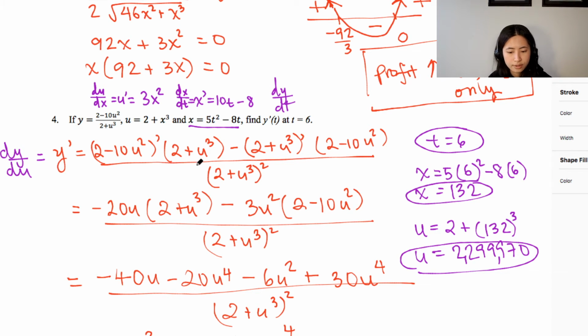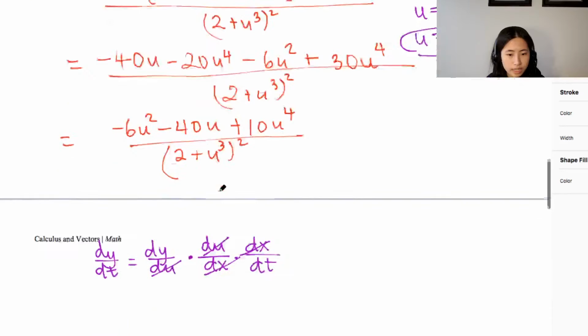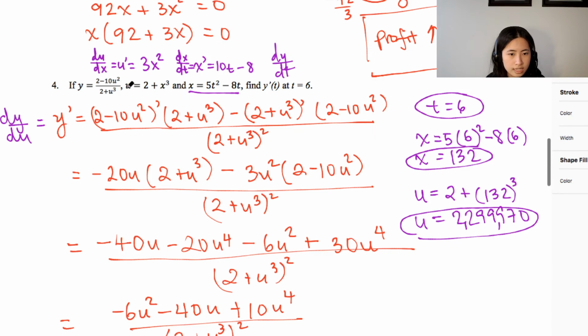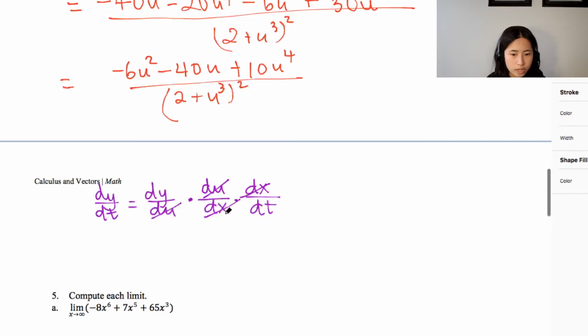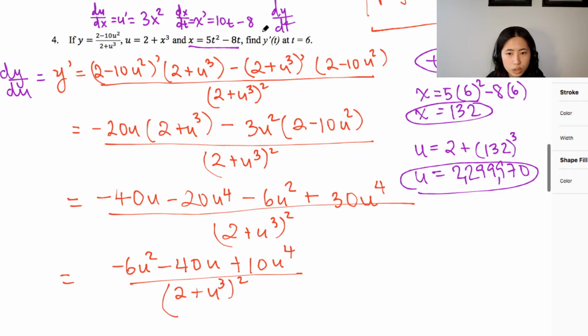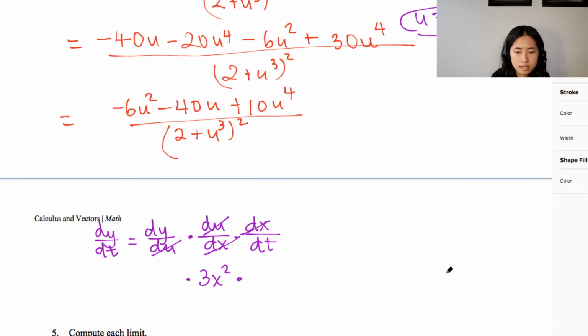So once we have 3x squared and this, we're going to plug that in here. We said du over dx is 3x squared, so that's going to be over here. And then dx over dt is actually 10t minus 8.